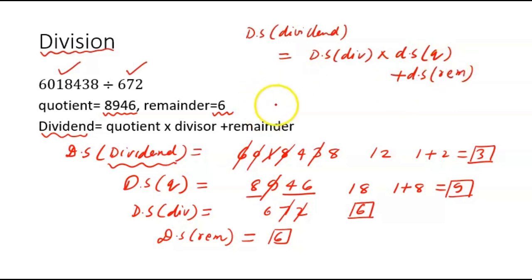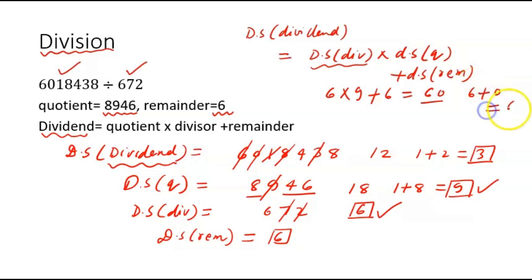So let us calculate the right hand side. The digit sum of the divisor is equal to 6, so I write 6 into the digit sum of the quotient, which is 9, so I write 9, and plus the digit sum of the remainder, so plus 6. If I calculate this, 6 into 9 is 54, 54 plus 6 is 60, and so the digit sum finally we are getting is 6 plus 0 is equal to 6.